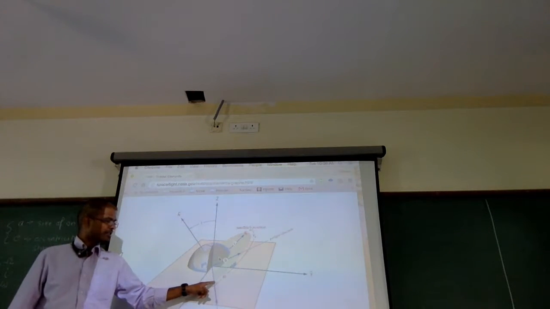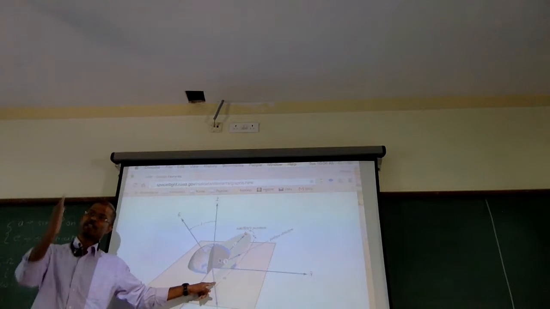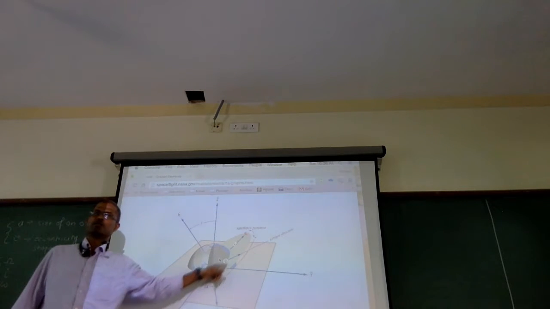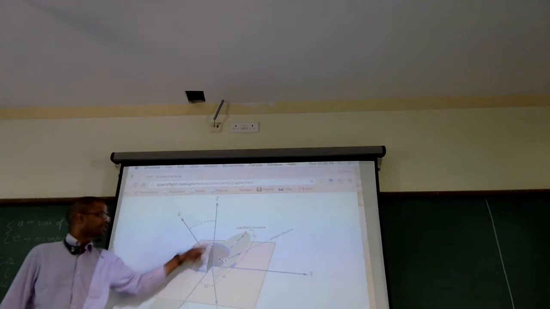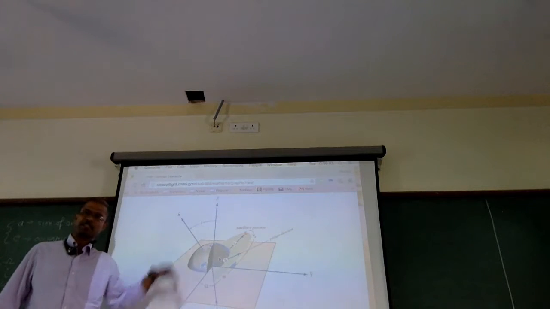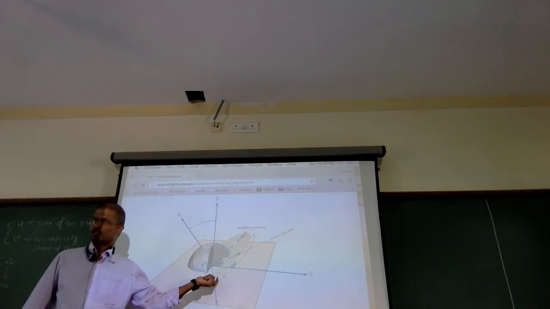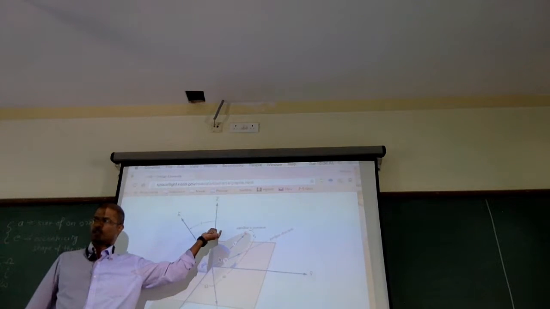At this point, it is ascending, it is going above the equator. You see that? It starts ascending, right? And at this point it starts descending, it goes below the equator. That is the reason this is called the ascending node, and this is called the descending node.